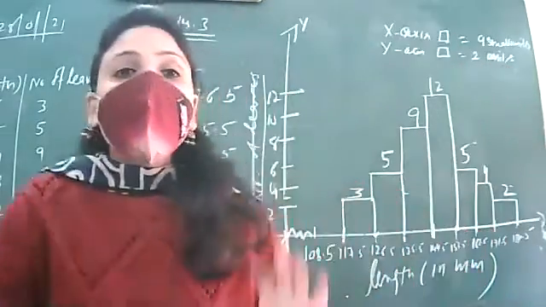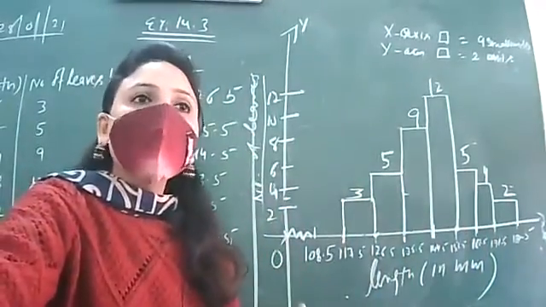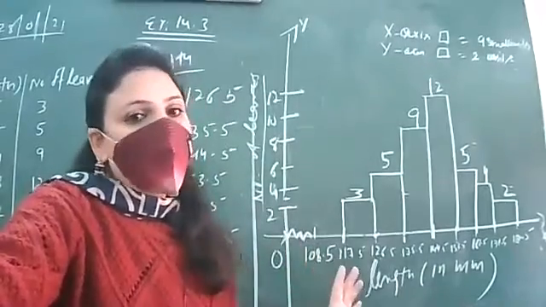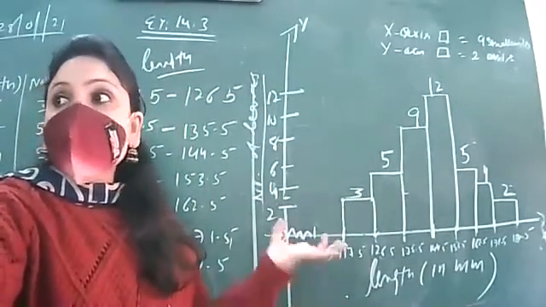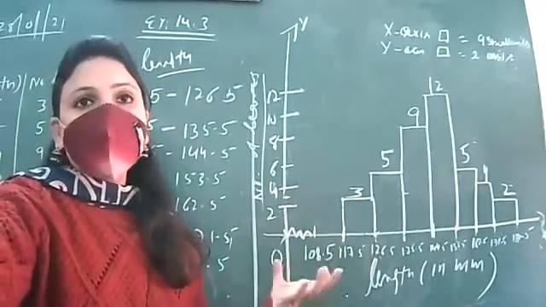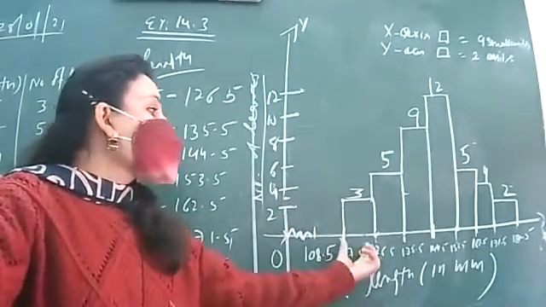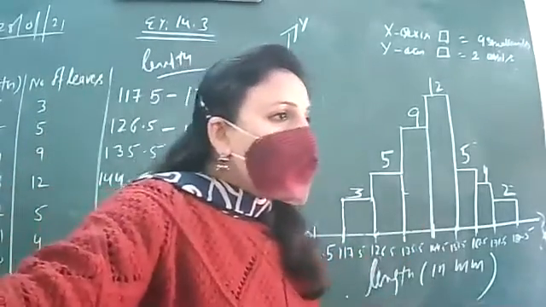Now you see, after changing the data in exclusive form, the figure of the histogram that I am getting is satisfying the definition of the histogram, that there is no gap between the bars.